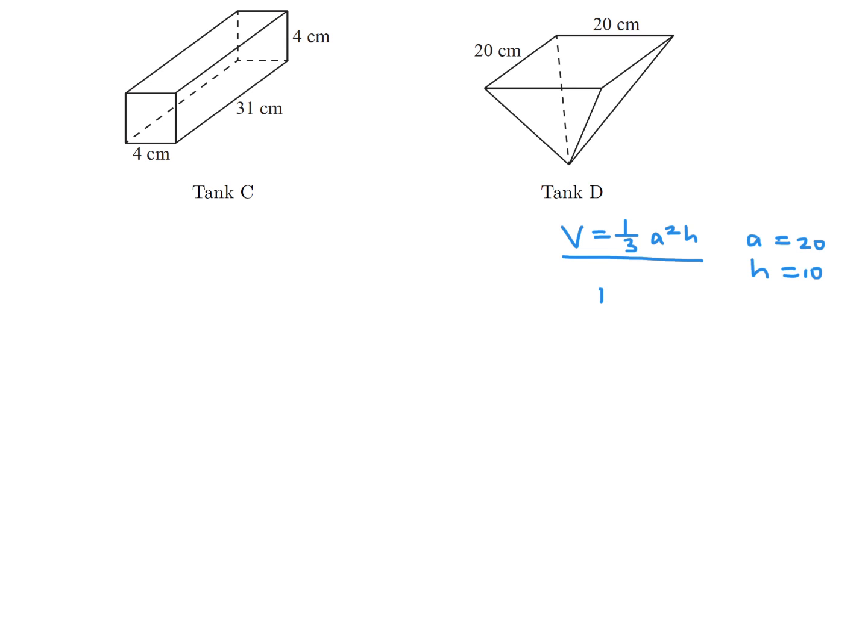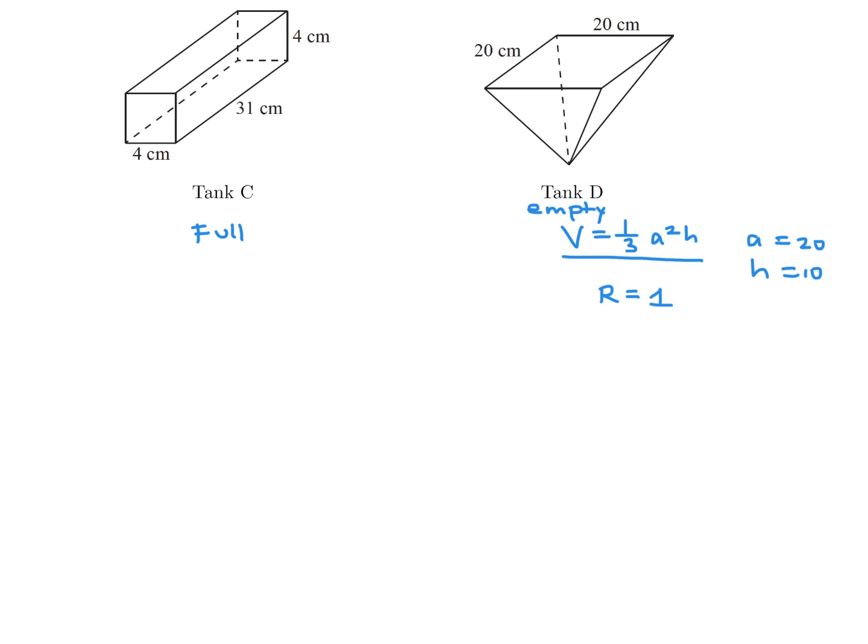And then the rate of filling is 1 centimeter cubed per second. And initially, tank C is full, and initially tank D is empty, I believe. Okay. So after 2 seconds is when this starts. All right.